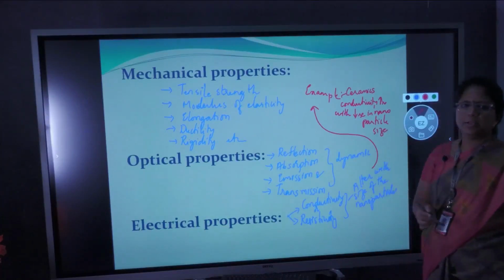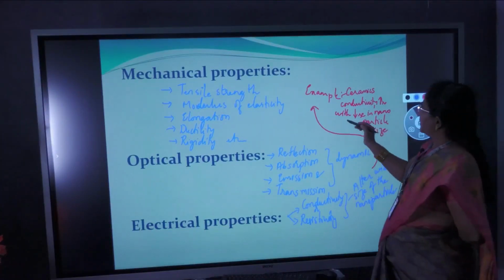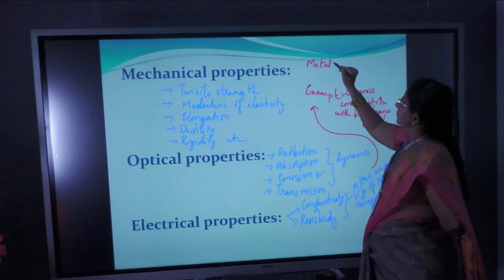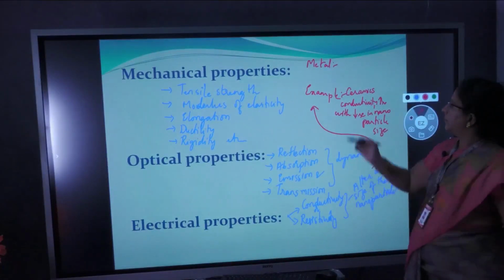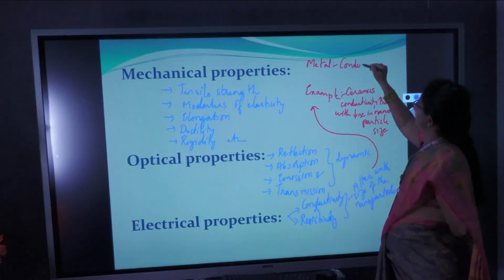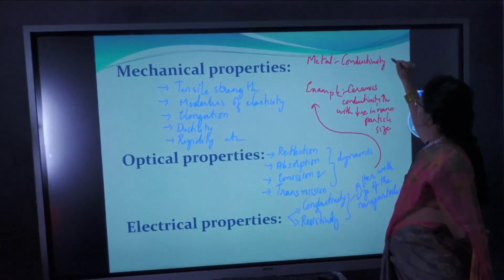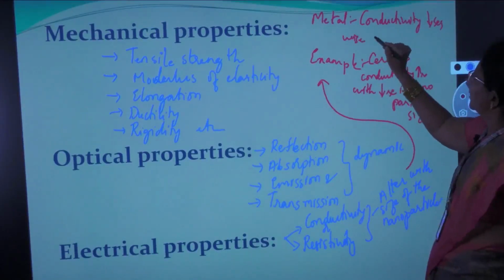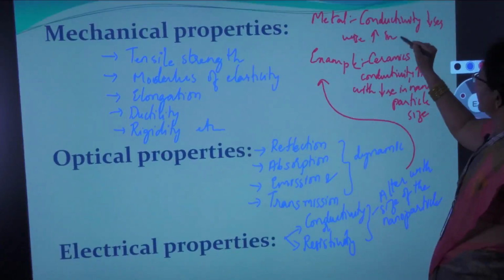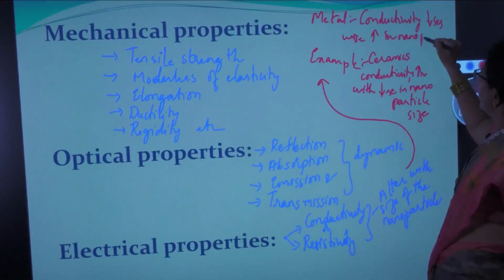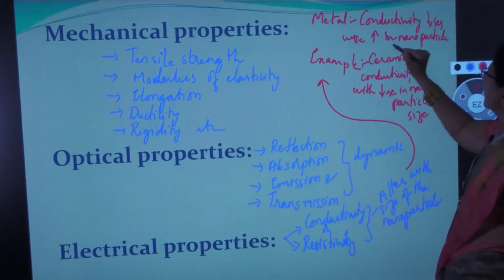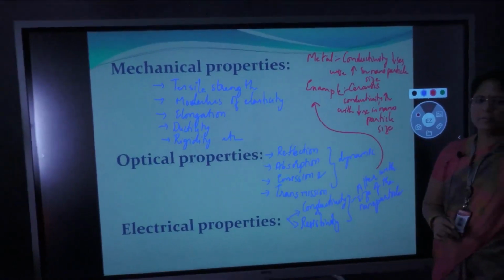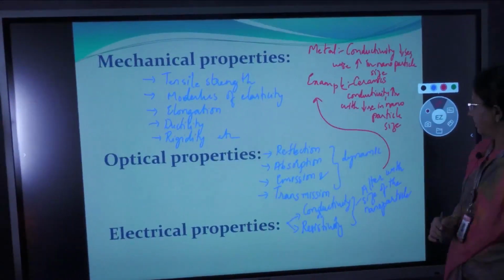So this is the case with ceramics. As a second example, if we take a metal, its conductivity will decrease with an increase in nanoparticle size. So this is about the electrical properties of the nanoparticles.